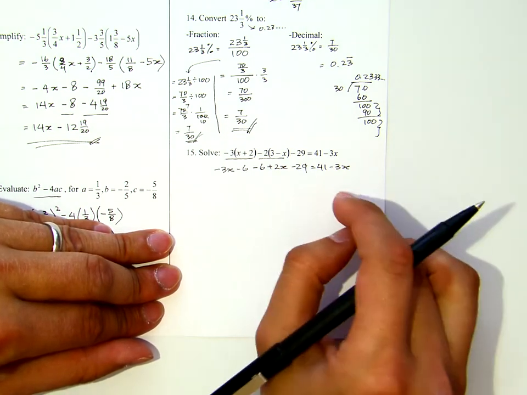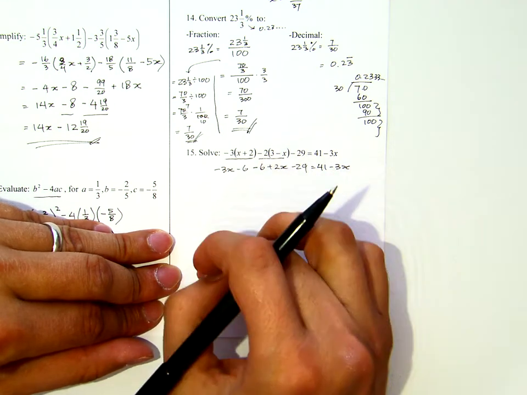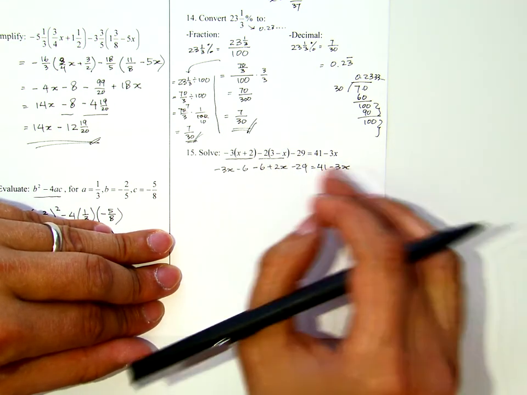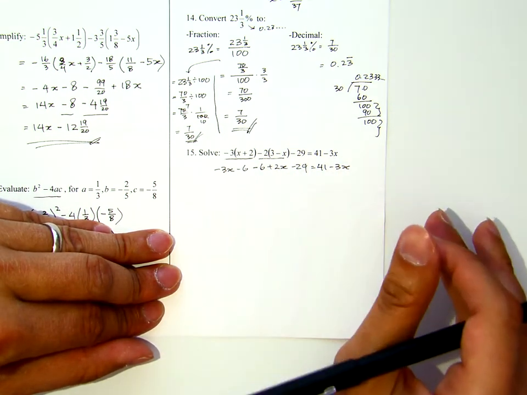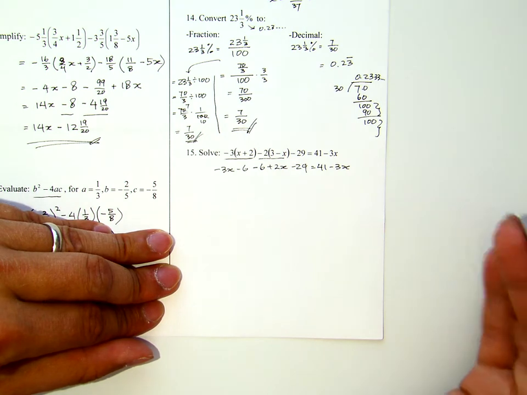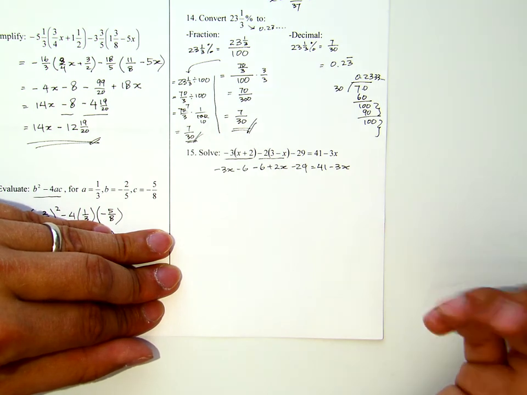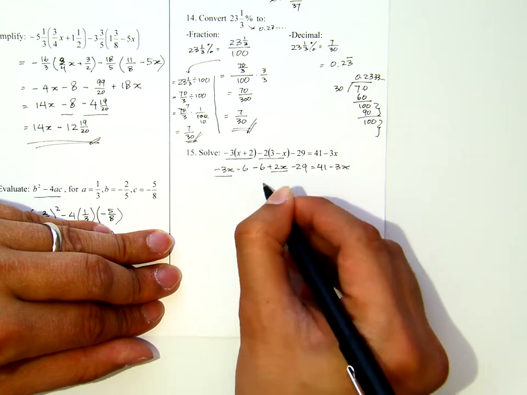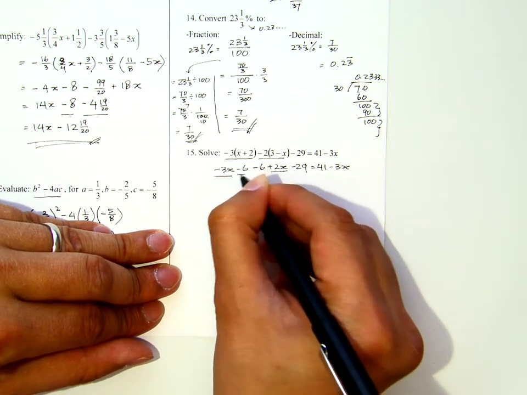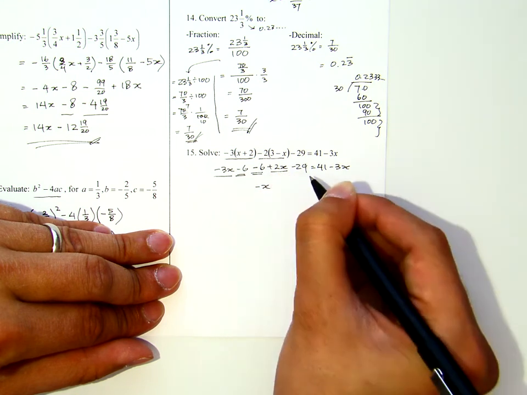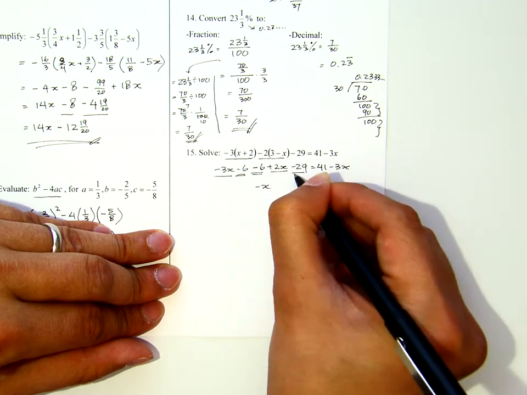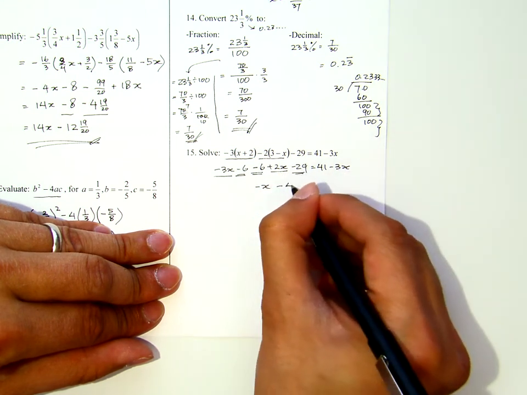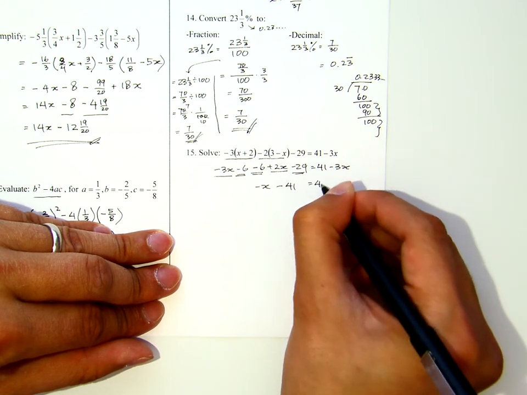Do not try to move things across the equal sign if one side or the other is not simplified yet. Simplify them first. Here if I combine negative 3x with 2x, I get negative x. Negative 6 minus 6 is negative 12, with negative 29 is negative 41, equals 41 minus 3x.